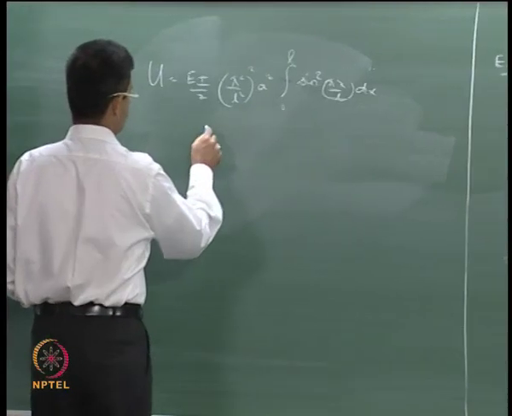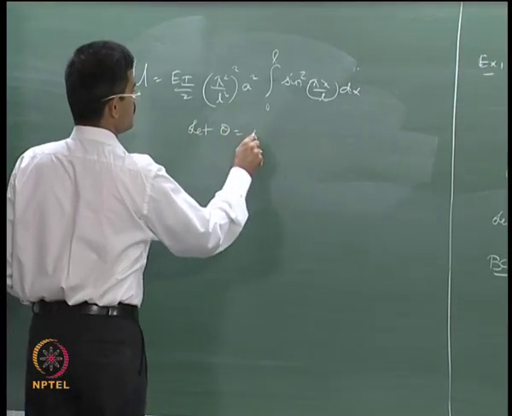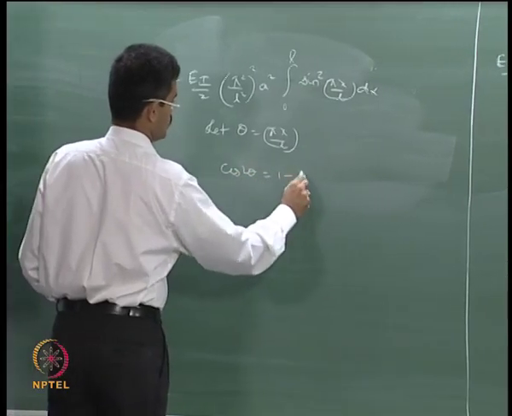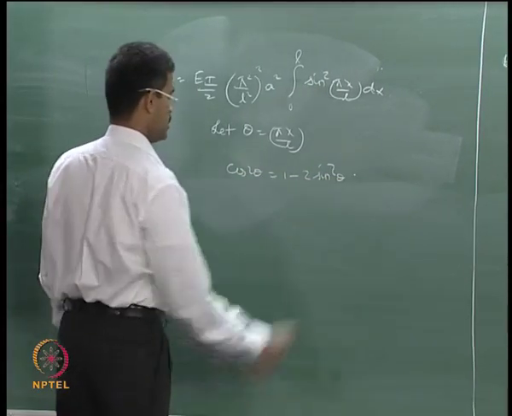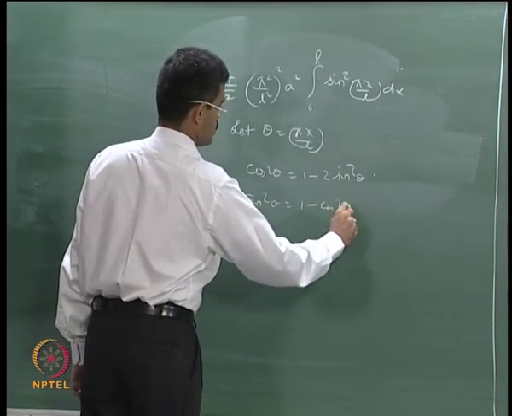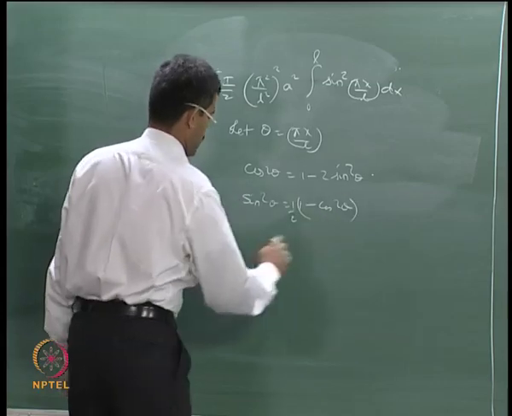So, we already know, let us say let theta be pi x by L, cos 2 theta is 1 minus sin square theta. So, sin square theta is 1 minus cos 2 theta by 2.